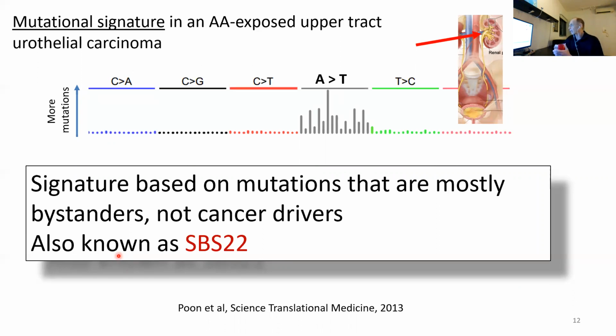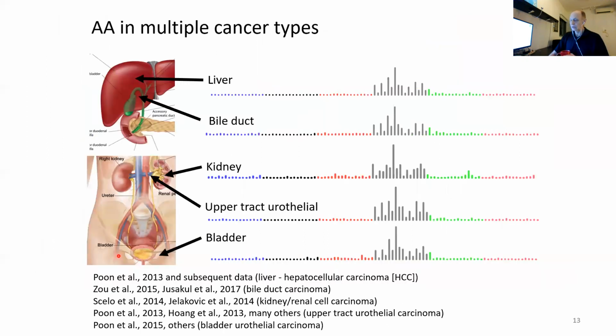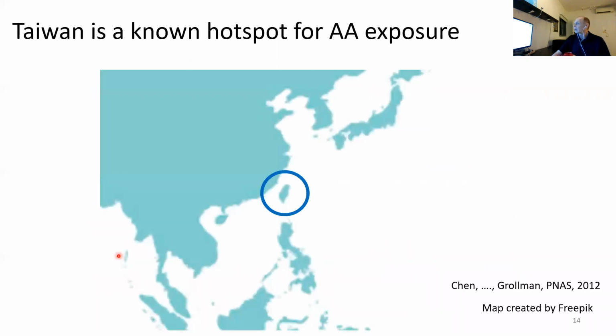So in my talk right now, I'm not going to be talking about cancer drivers at all. I would also say, because I think Arnoud may use this term, that the AA signature is sometimes called SBS 22. Okay, so we know that there's AA in multiple cancer types, so liver, bile duct, kidney, upper tract urothelial, sort of the index cancer, and bladder cancer.